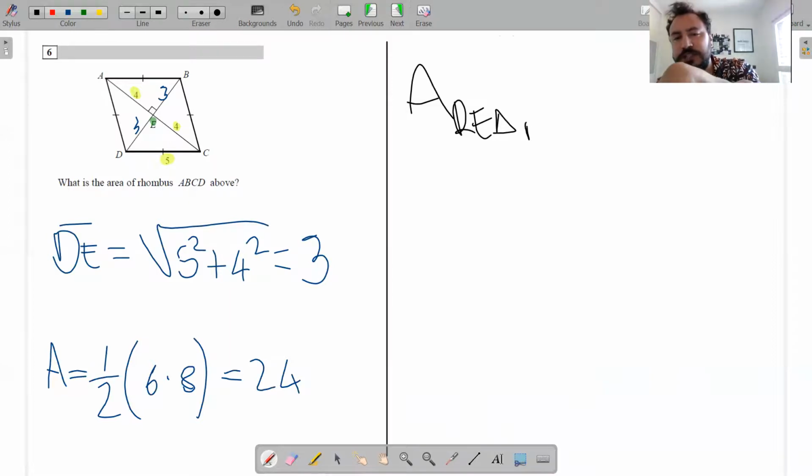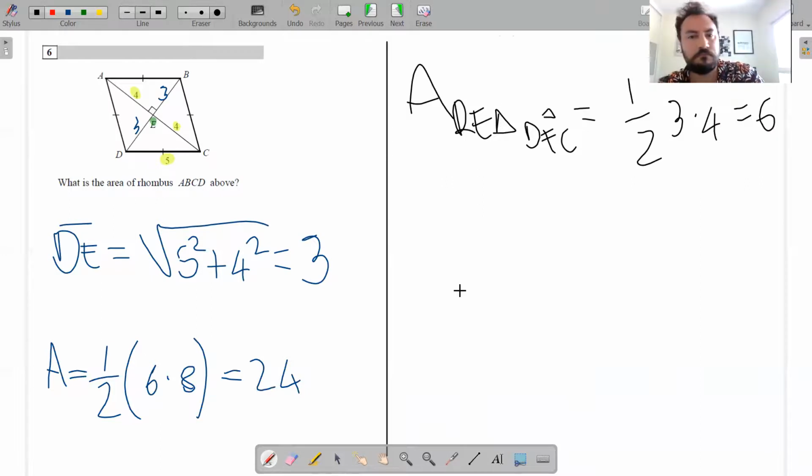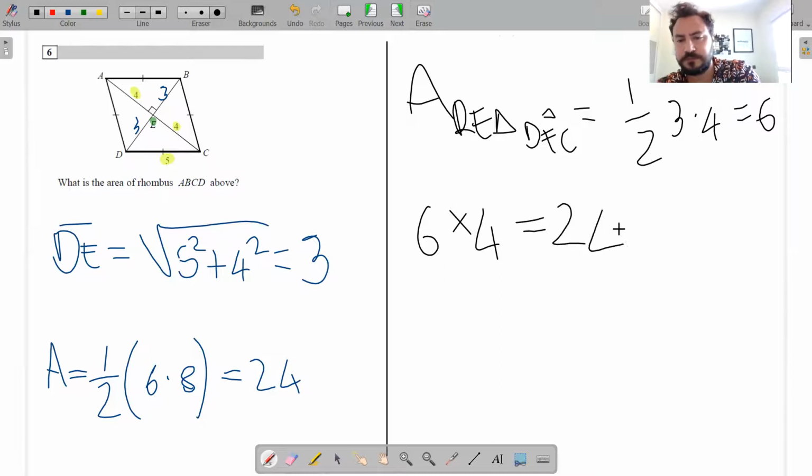I'm going to focus on D, E, C. That will be what? 1/2 times 3 by 4, which is 6. That 6 needs to be multiplied by 4 because there are 4 triangles like that. The result will be 24. That's it.